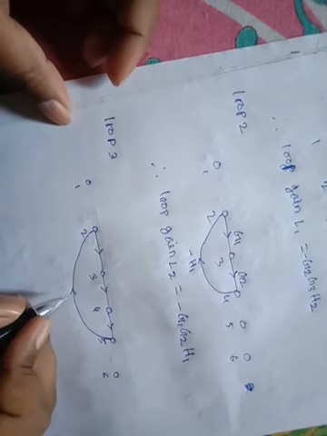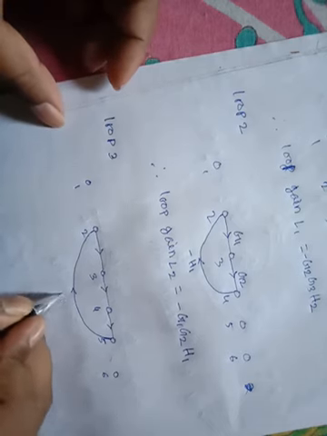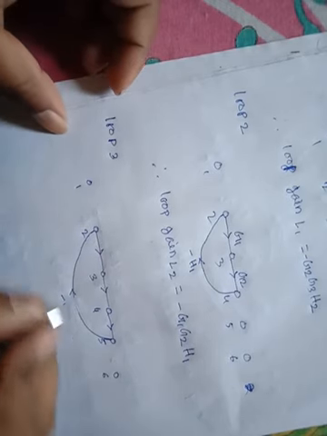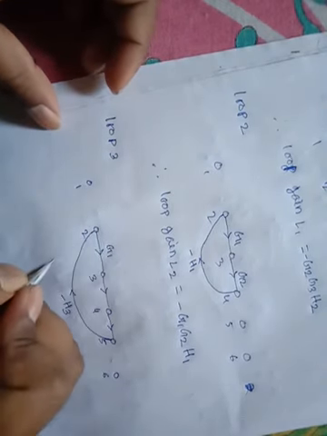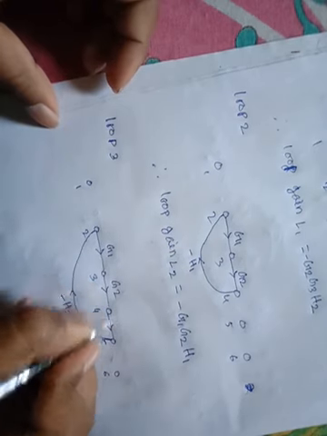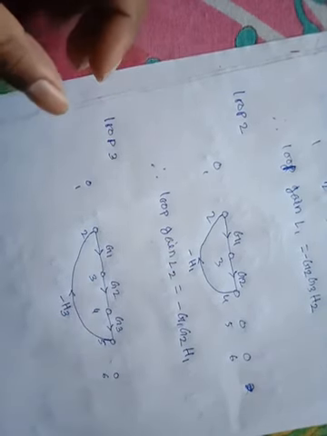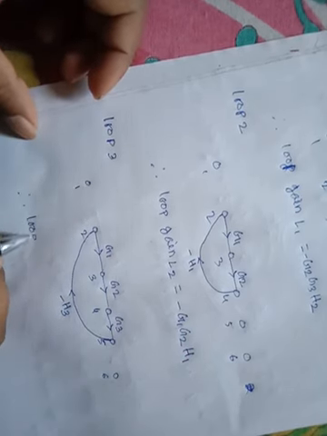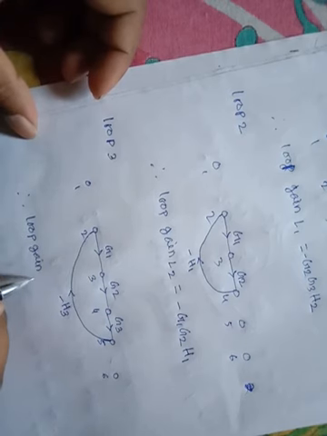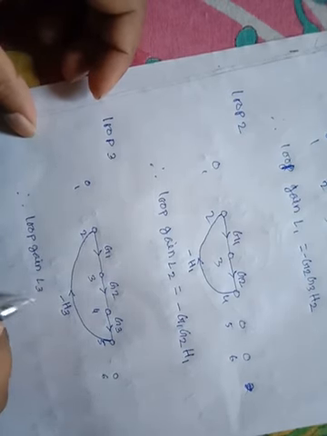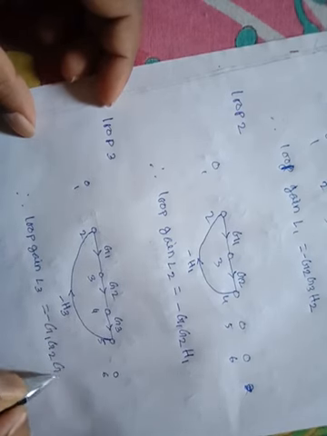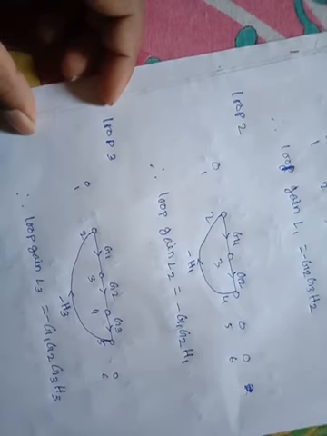The feedback element is minus H3, with G1 G2 G3. Therefore loop gain L3 is equal to minus G1 G2 G3 into H3.